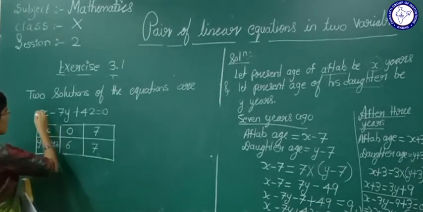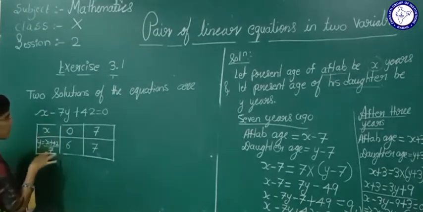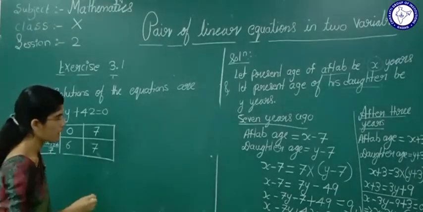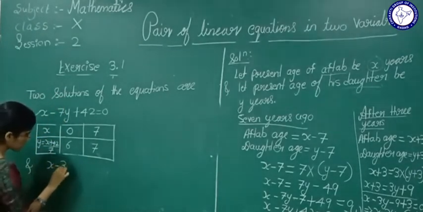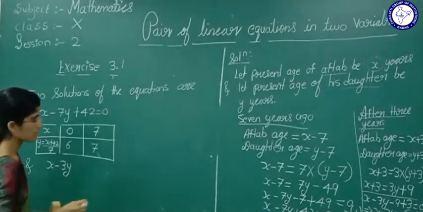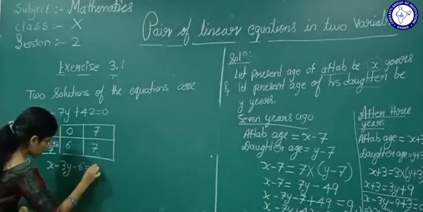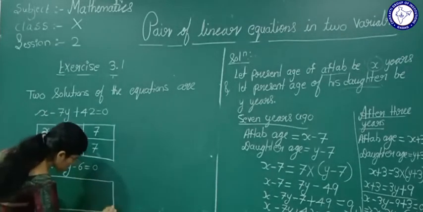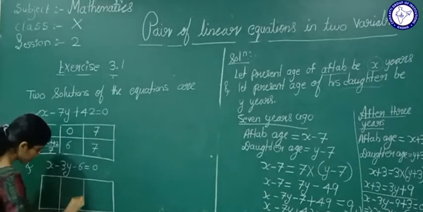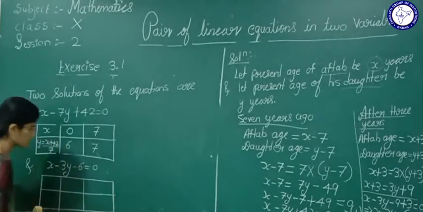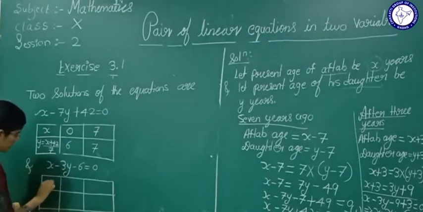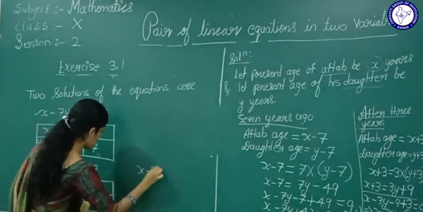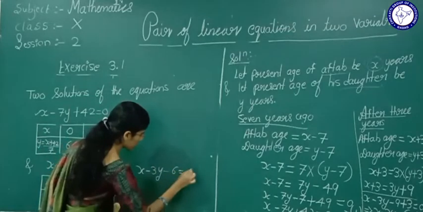See here, the solution of equation 1 we found out. Now one more equation, x minus 3y minus 6 is equal to 0. Now we are going to find the solution of equation number 2. What will be the y value from here? x minus 3y minus 6 is equal to 0.